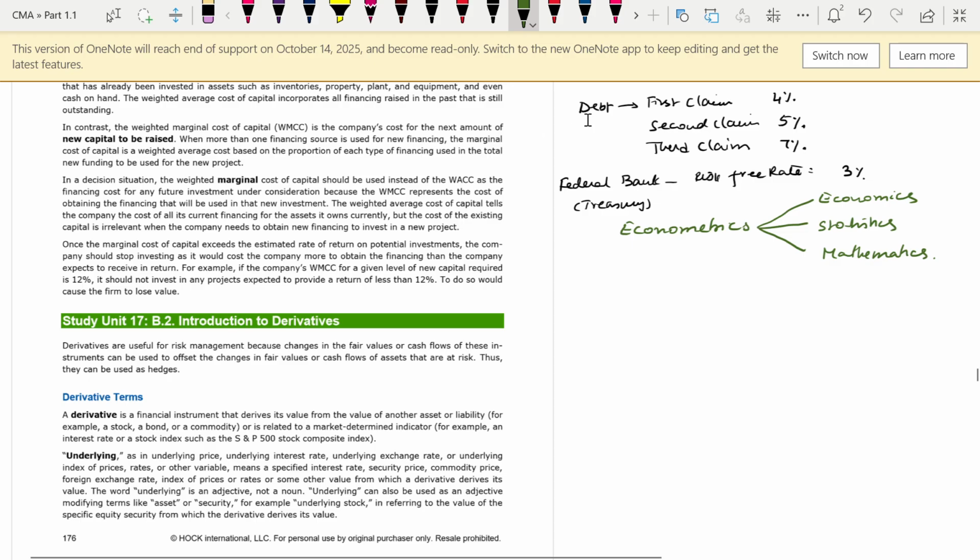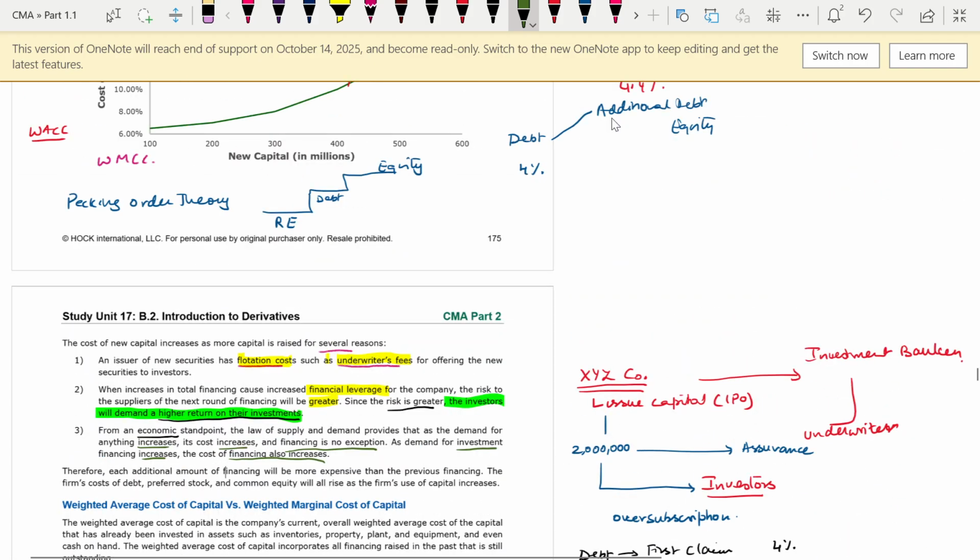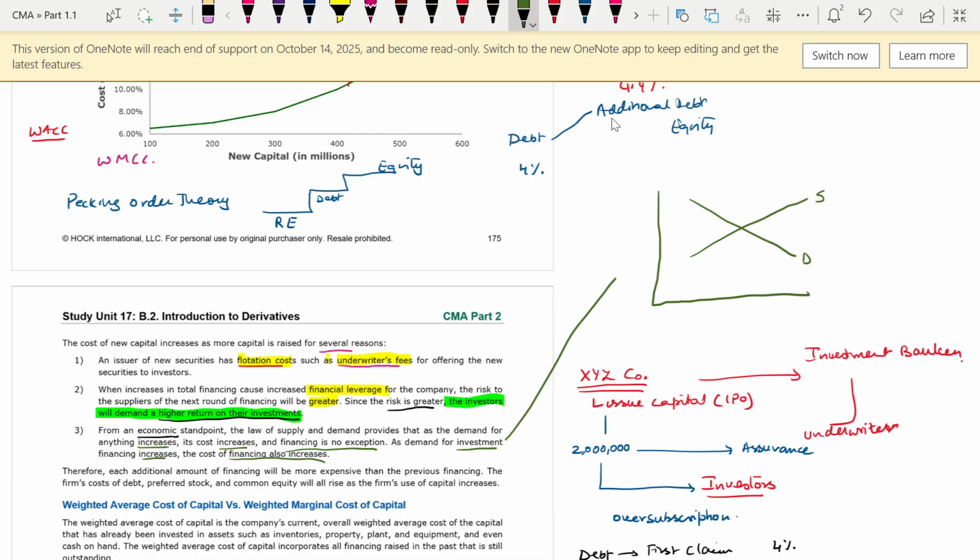I will put a small diagram. It is like this. You will have a curve. This is the demand curve, D, and this is the supply line. This is the point of equilibrium.